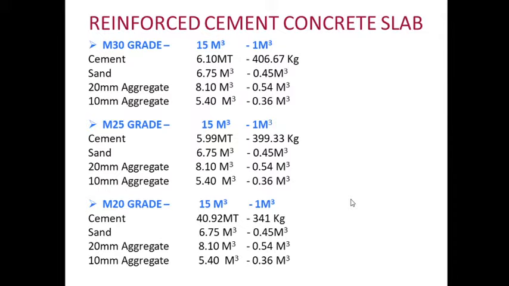For 15 cubic meter of reinforced concrete, we require cement 6.1 metric ton, sand 6.75 cubic meter, 20 mm aggregate 8.1 cubic meter, and 10 mm aggregate 5.4 cubic meter. Like that for M20 grade and M25 grade.